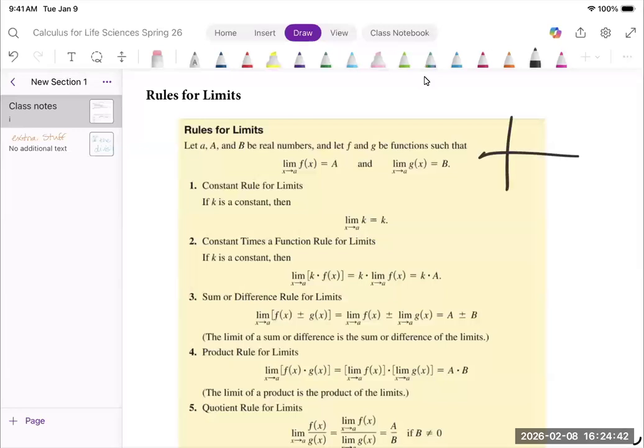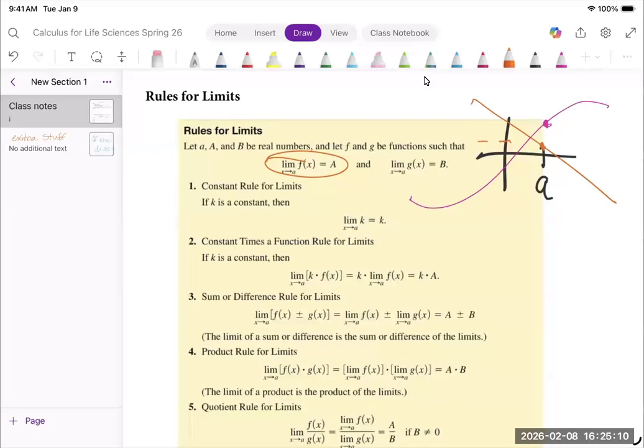Here's the limit for f, and here's the limit for g. So this is A, and this is B. Okay, so that's what that says.